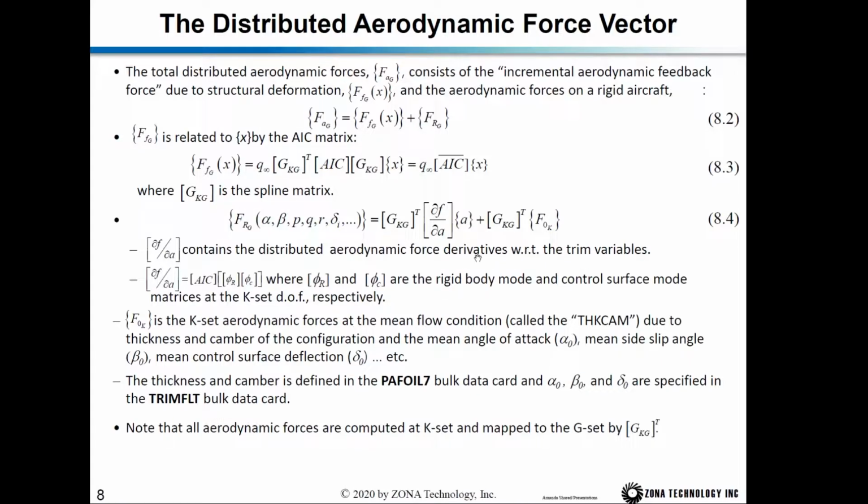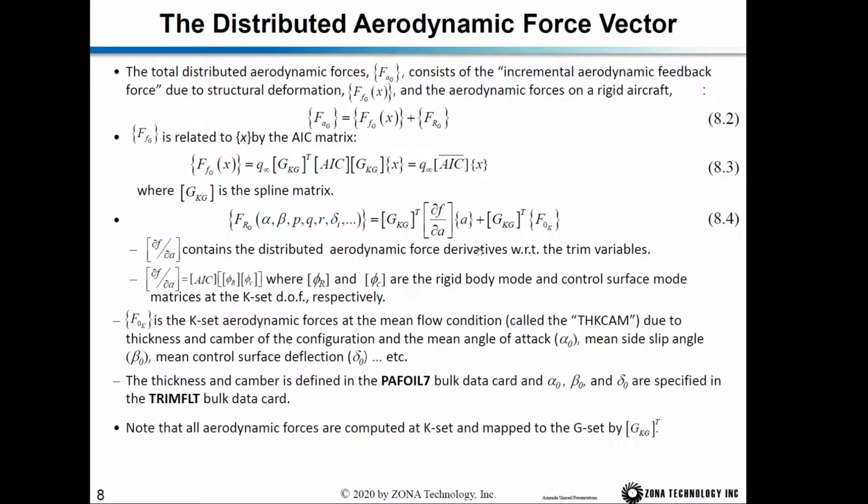Partial F partial A can also be computed from the AIC matrix. Phi R is the rigid body modes, and phi C is the control surface kinematic modes. This multiplied by that will give the partial F partial A in the K-set. Then we use the transpose of the spline matrix to transfer those forces to the G-set.